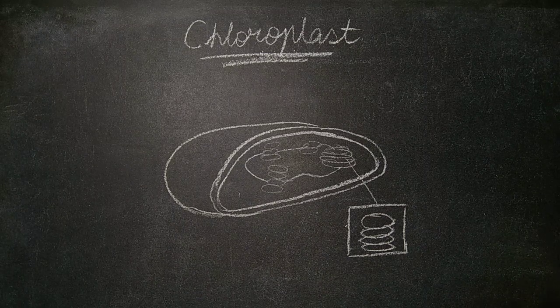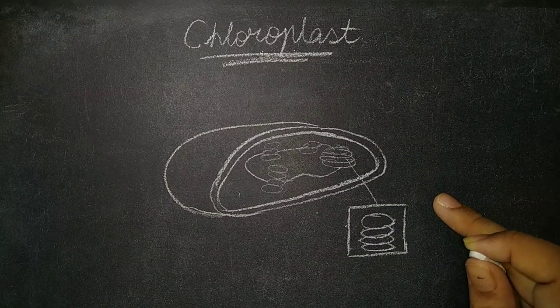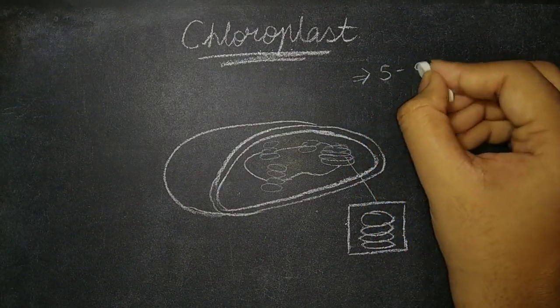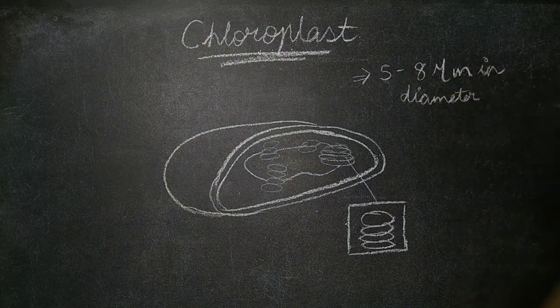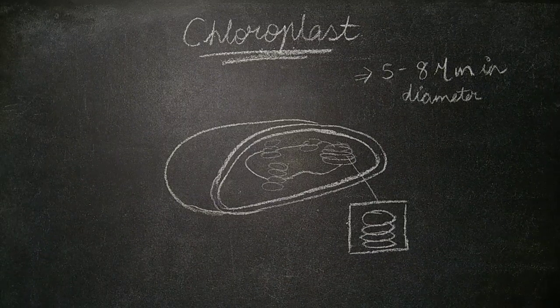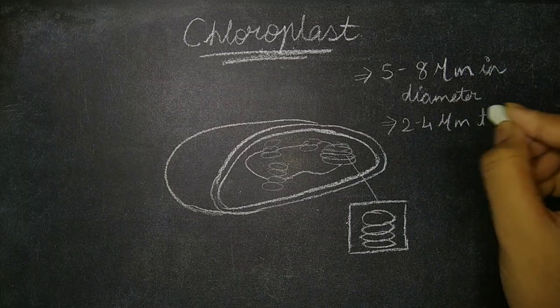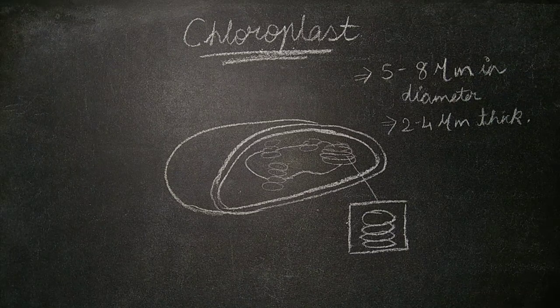They are disc-shaped, as shown here, about 5 to 8 micrometers in diameter and 2 to 4 micrometers thick. A typical plant cell has 20 to 40 of them.